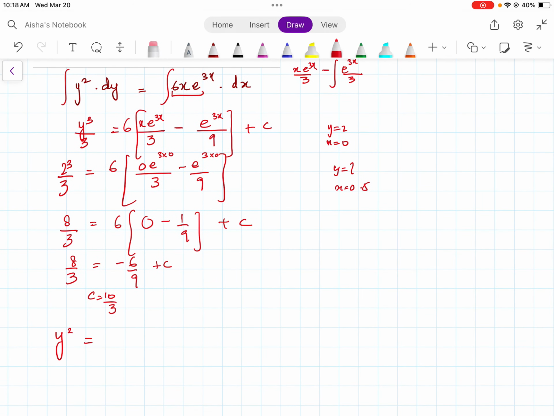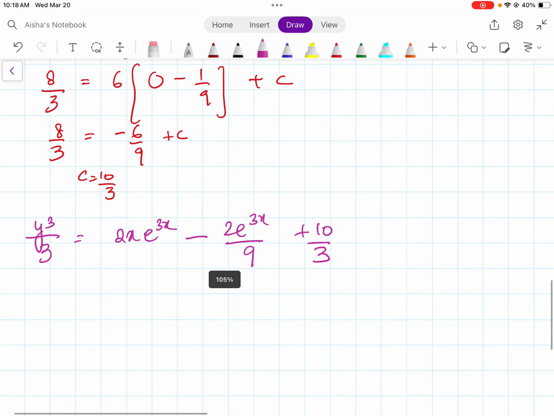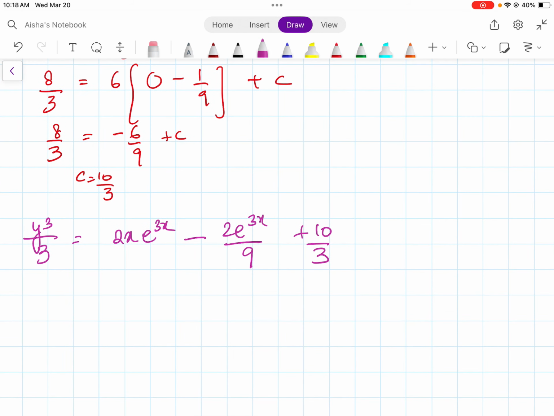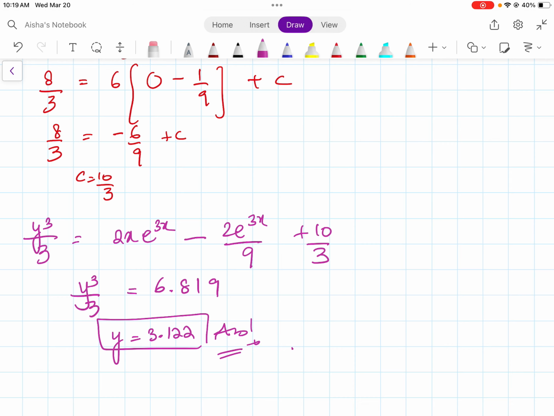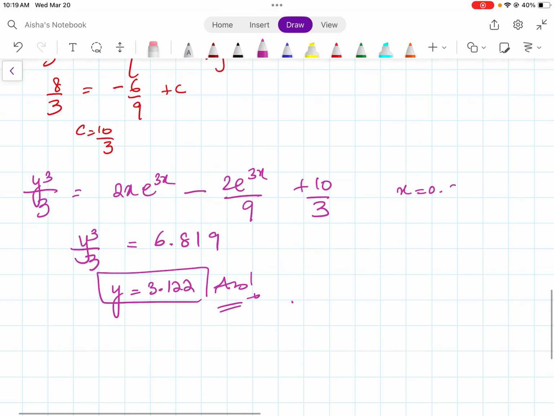I plug it in, it becomes... now they're asking you to find value of y when x is 0.5. I hope it makes sense. It was just all calculation by substituting the value of x as 0.5.